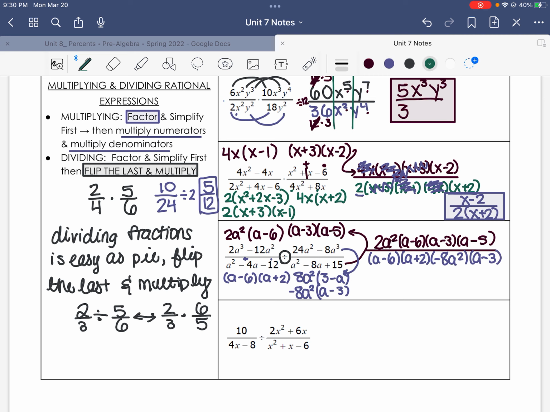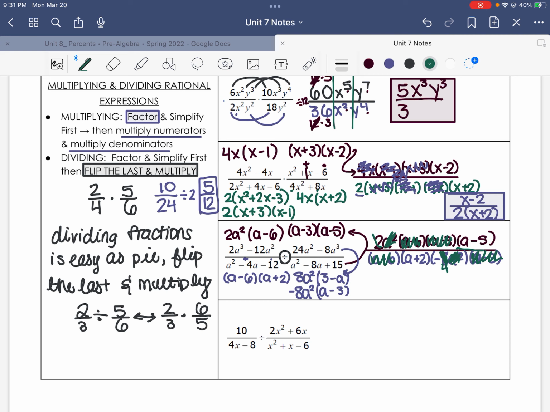Start canceling out anything that's on top and bottom. A minus 6, a minus 3, which I wouldn't have found if I hadn't fixed the order, and a squared. Then I know that 8 divided by 2 is 4, so I'm going to cross out the 2 and change the 8 to a 4.